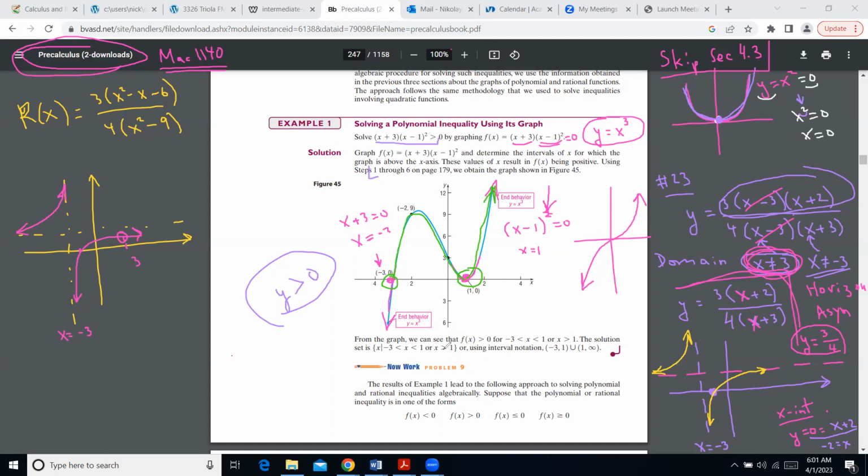Everywhere else, from -3 to +1, so in between these 2 points, and then from 1 all the way to the right, it's greater than 0. And you can see on the picture the part of the graph which is greater than 0.